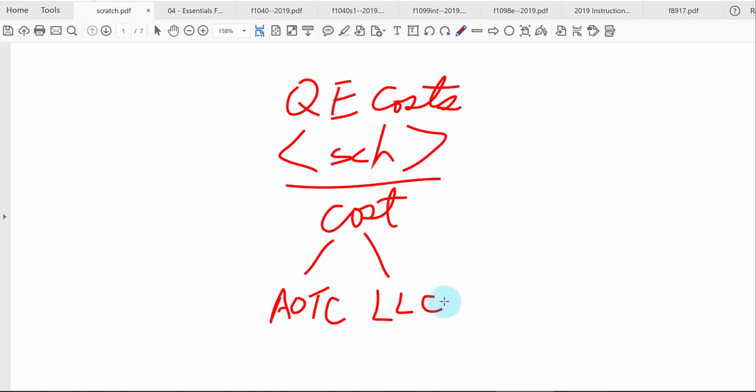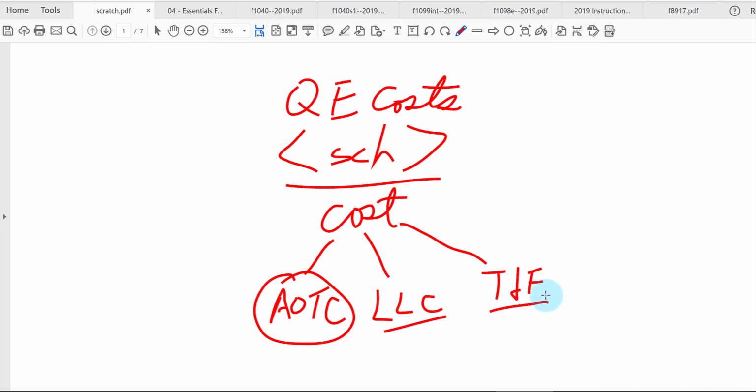Or another option is to claim that cost as a tuition and fee deduction, a for-AGI deduction. Typically, the best option here is the American Opportunities Credit. And if you don't qualify for it, then you may need to calculate both the Lifetime Learning Credit and the tuition and fee deduction to determine which is better.